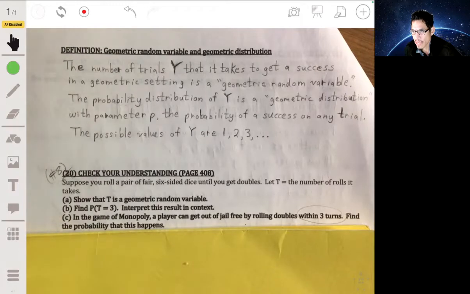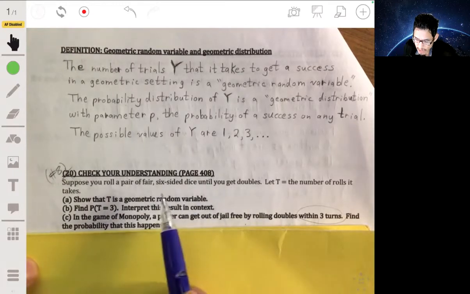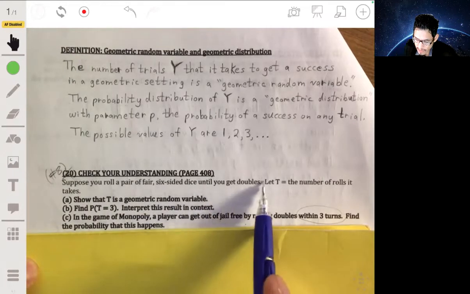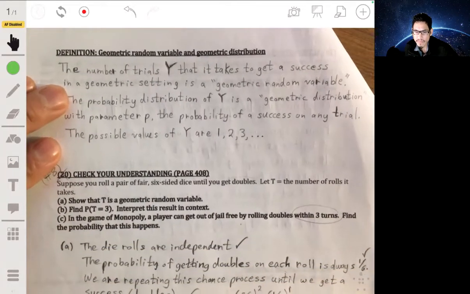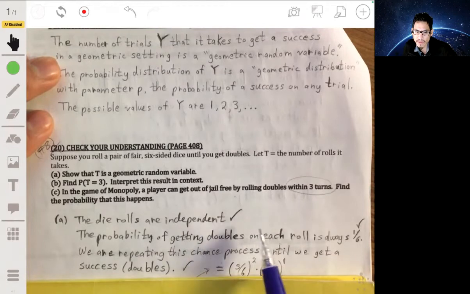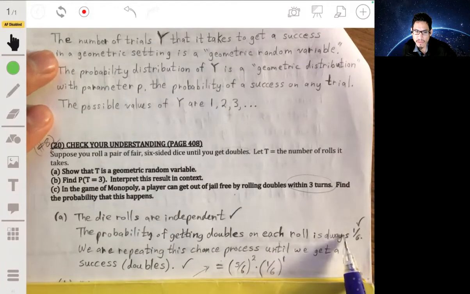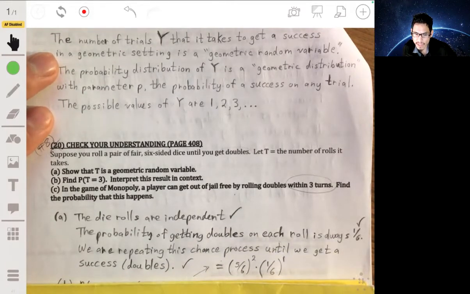Like if you flip a coin and you get heads on the first flip, it's not going to change your chance of getting heads on the second flip. So we show it's independent, and we're counting the number of trials until we get a success. That would make it a geometric random variable. The die rolls are independent, the probability is always 1/6 of getting doubles, and we're counting until we get a success.